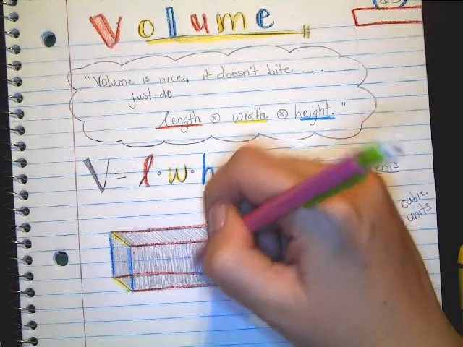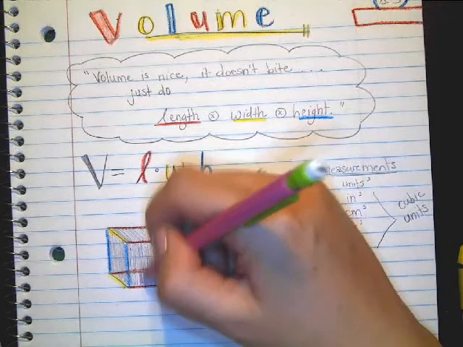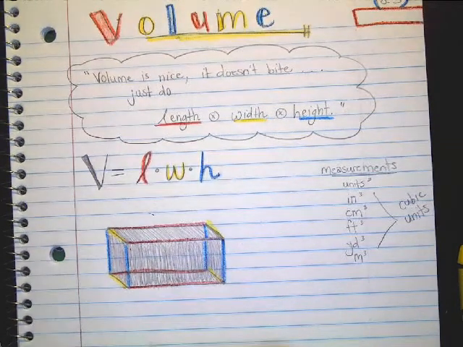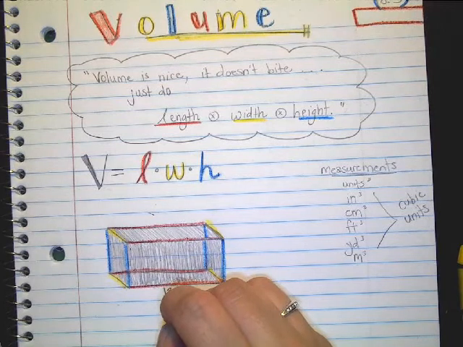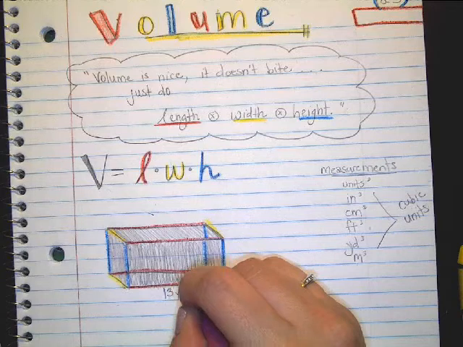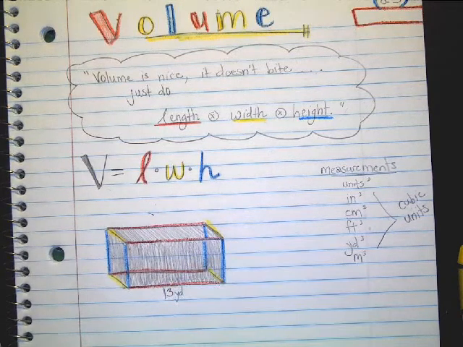Now that we've got the colors where they belong, and this time, instead of calling them just units, I'm going to actually give you a measurement. Okay, so let's begin with 13. And we'll say, we'll go with yards.